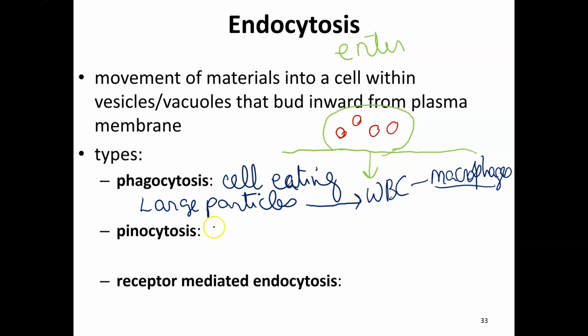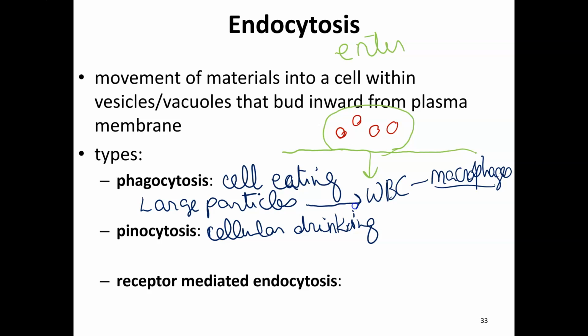Then we have pinocytosis, and so this is often thought of as cellular drinking. That is really a K, but it looks really bad, so I'm going to write it again, okay? There we go, drinking.